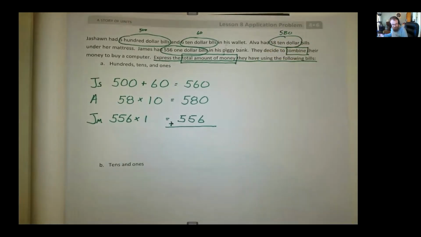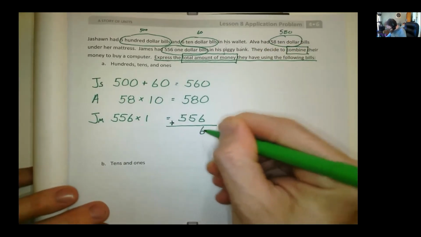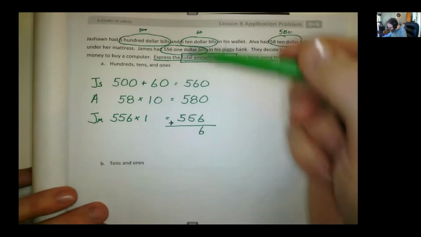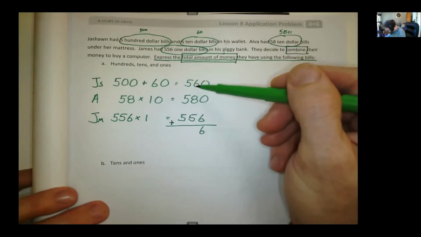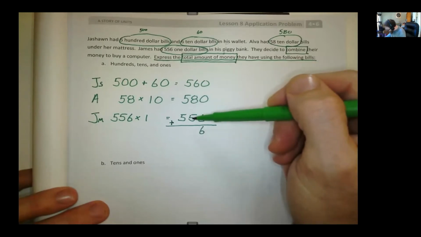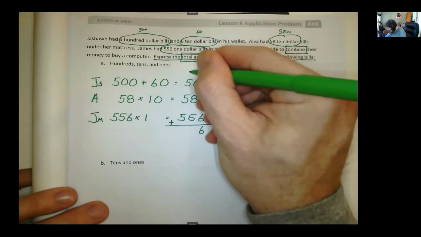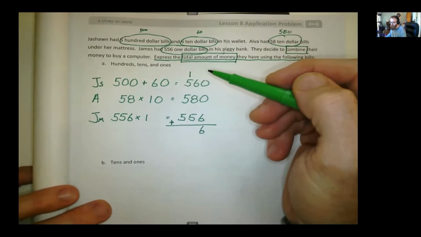Okay, start in the ones column, of course. We have 6. 6 plus 0 plus 0. To the tens column, we have 8 plus 6 plus 5. That's 19 tens. Move a 1 to our hundreds column because that's what that 1 represents.